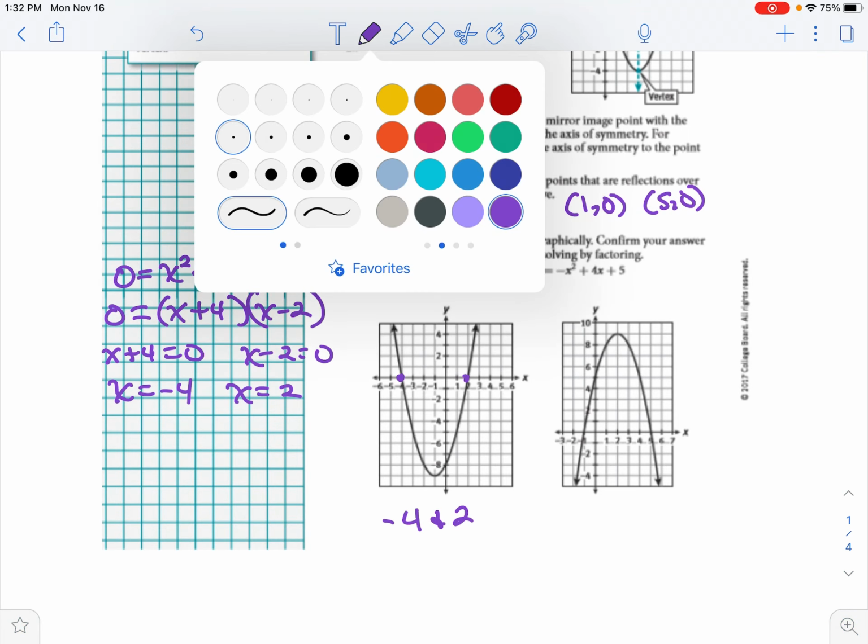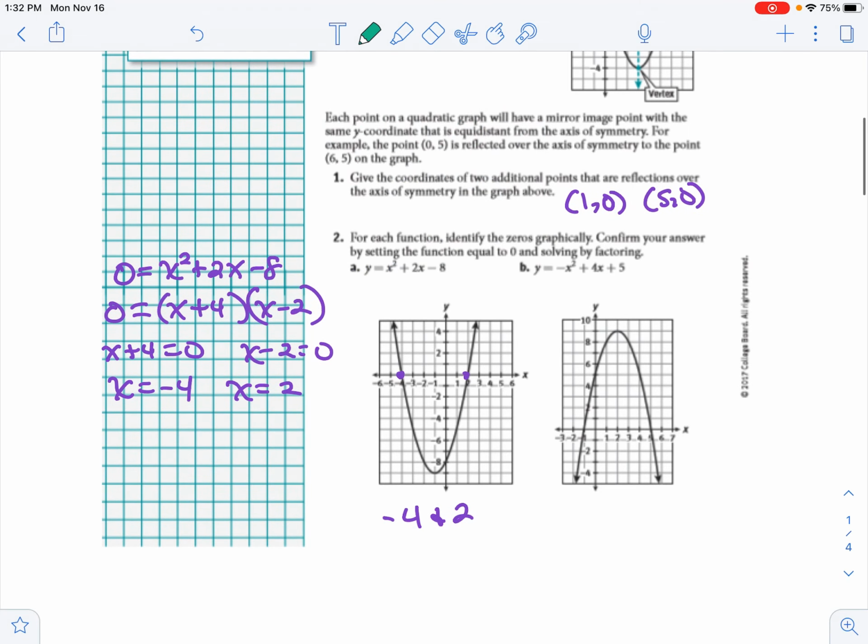Now let's try it on the second graph. On the second graph, we have zeros at, looks like negative 1 and positive 5. So let's change this one to 0 equals. For this one, I'm going to have to factor out a negative to make it easier to factor. So then we'll have x squared minus 4x minus 5.